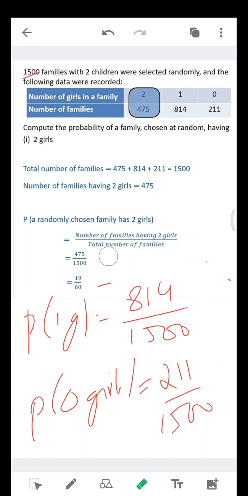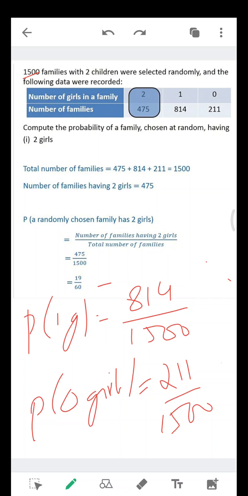Now one extra question I'm asking you, because a question like this can come in your exam: what is the probability that the selected family has 1 boy?